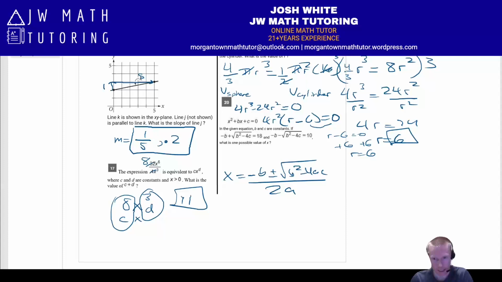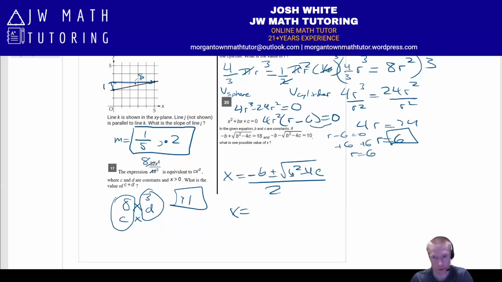So what's happening here is, first of all, for a, we're plugging in just 1. So first of all, just think about that. So 4ac is just 4c because a is 1. Same thing on the bottom. Now, what they're telling us is that the negative b plus the root part is equal to 18.